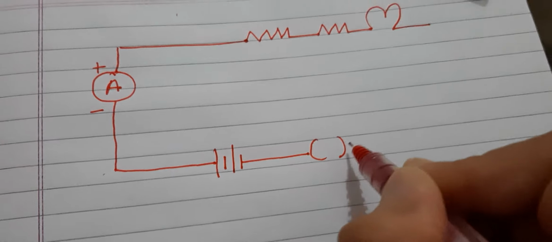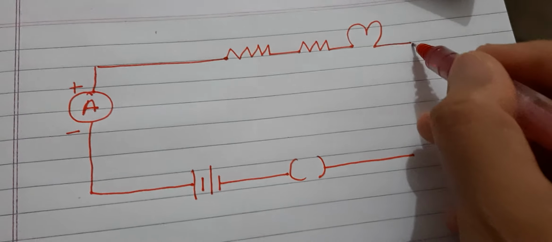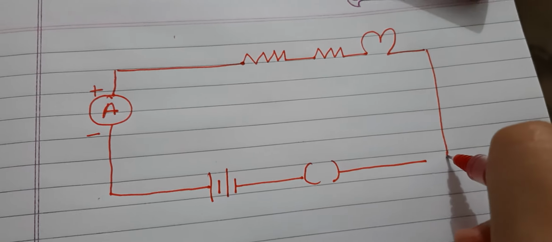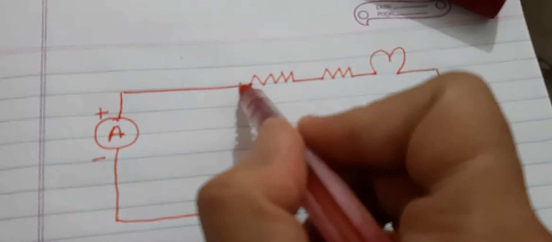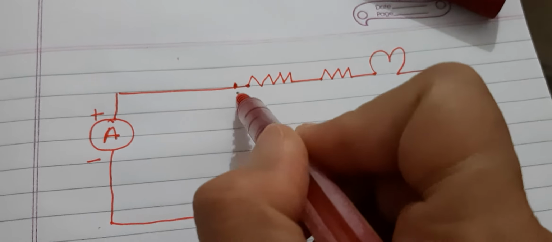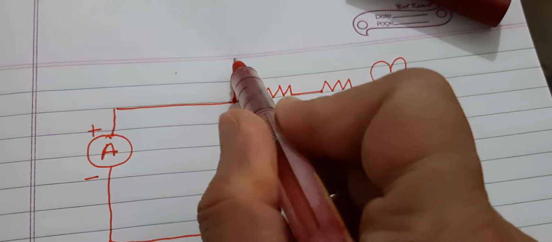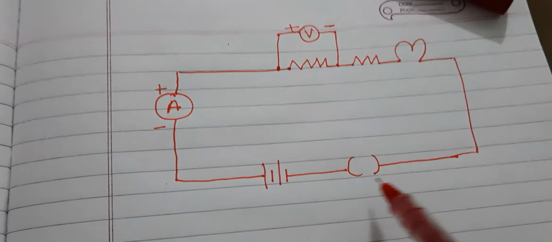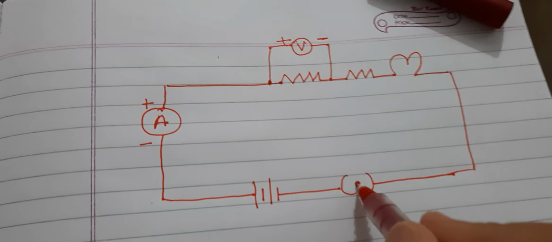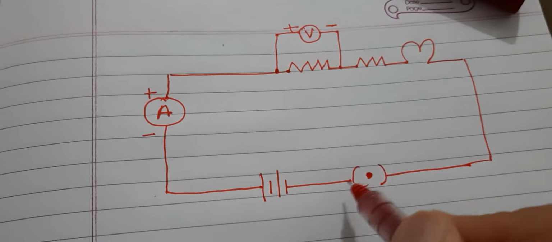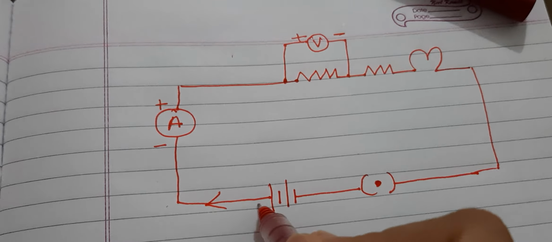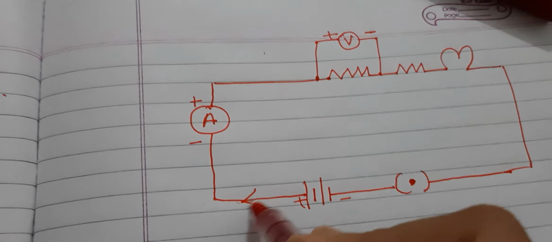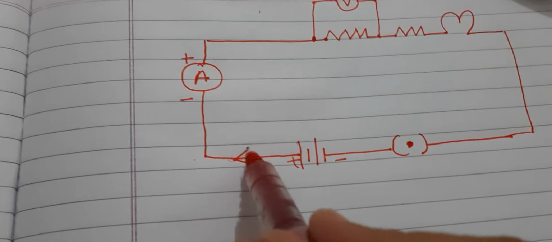This is the switch. And if we want to find the potential difference across this resistor, then a voltmeter is also connected, and this is connected in parallel. Suppose the plug key is on, then we will put a dot here, the current starts flowing, and we know that current flows from positive to negative. So this direction of current we will show.